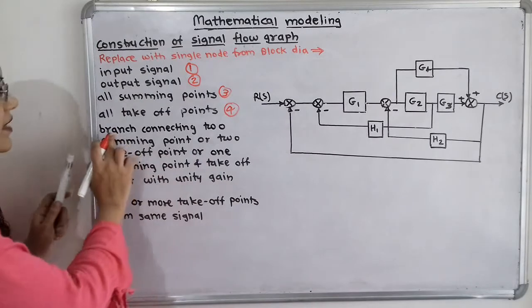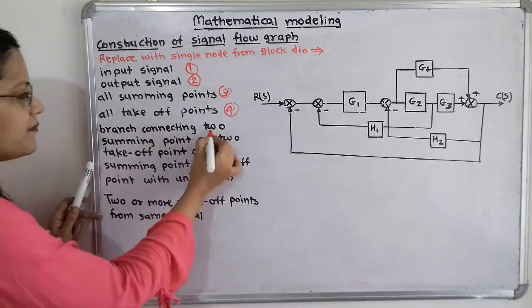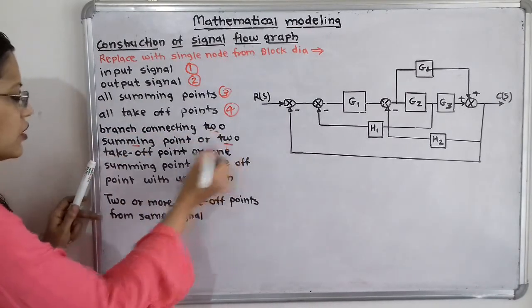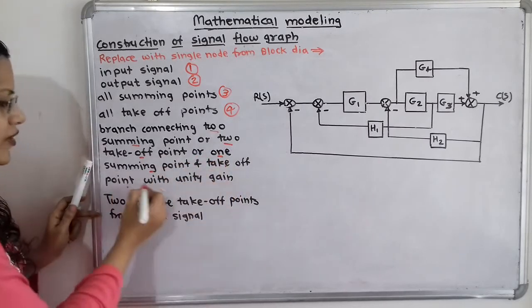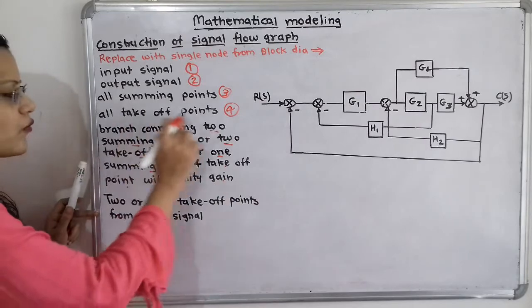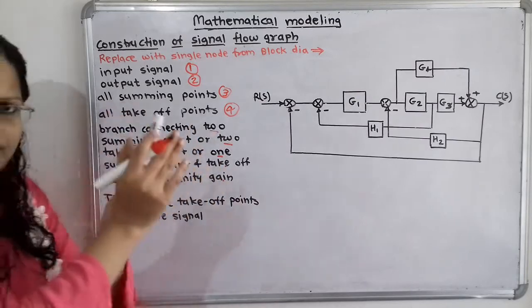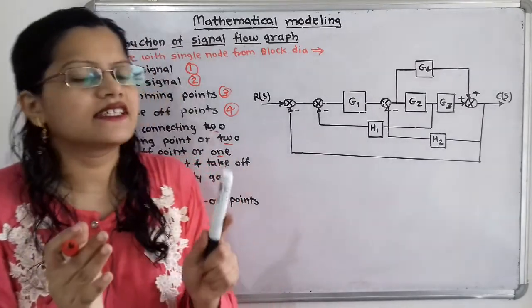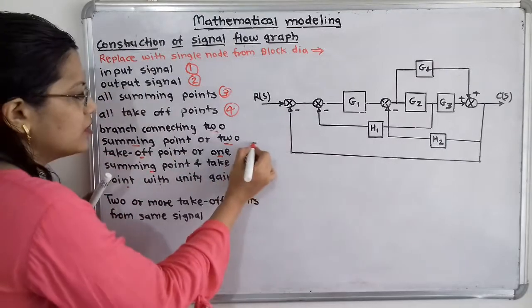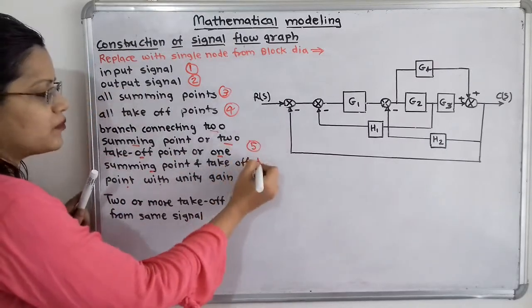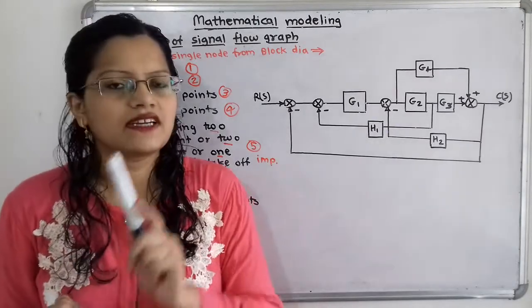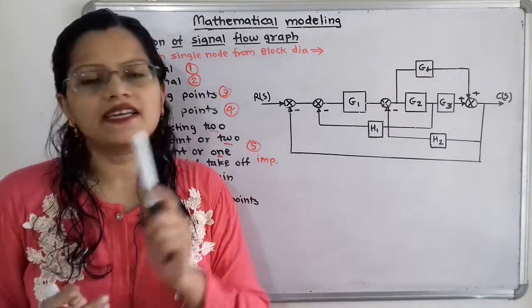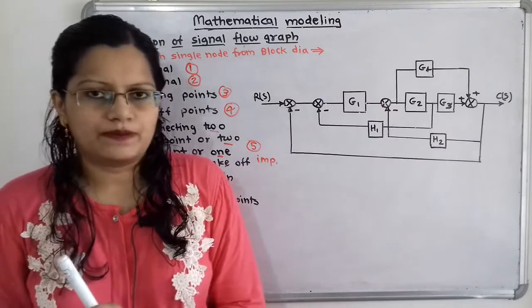Whenever there is a branch connecting two summing points, two takeoff points, or one summing point and one takeoff point with unity gain, we can combine these points and consider a single node. So this is the fifth important point. That is, with unity gain we consider the two points as a single node.